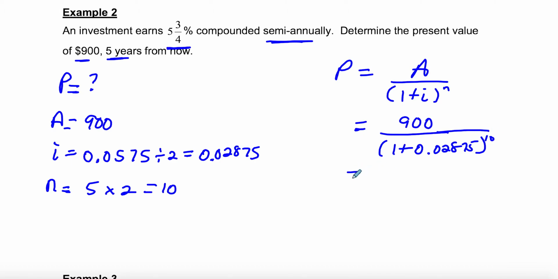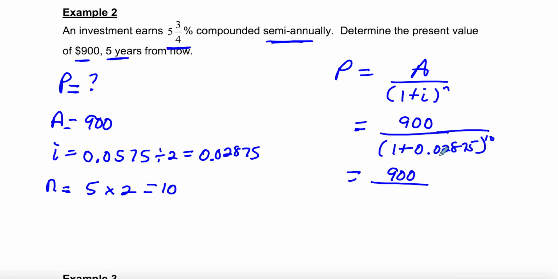So I tend to usually just do one thing at a time. Some calculators are really awesome. You could type in 900 divided by bracket 1 plus 0.02875 bracket to the exponent 10. Type it all in at once and it would probably work out just fine. I usually just follow BEDMAS.